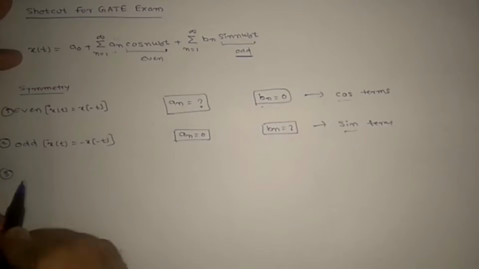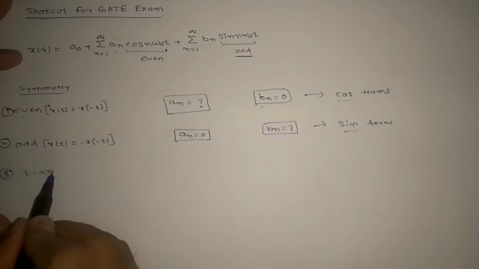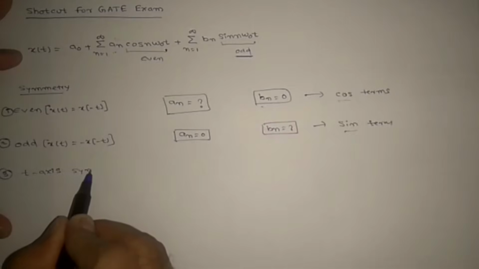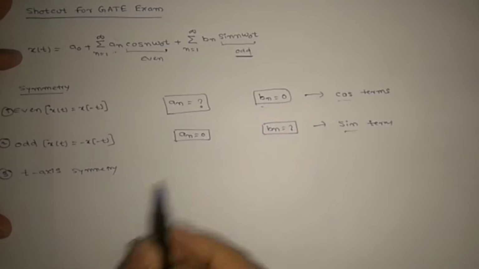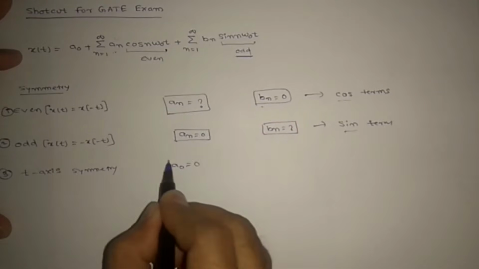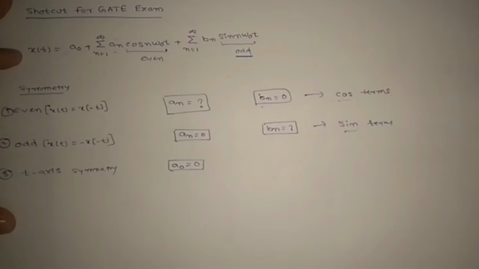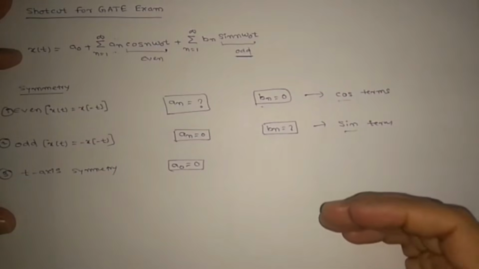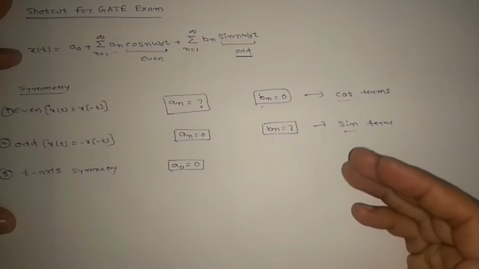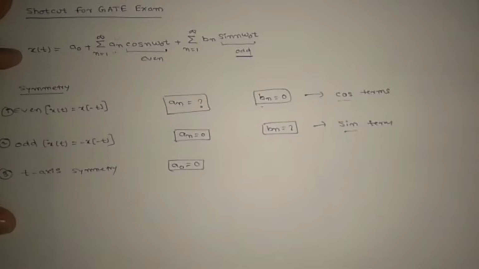And if it is t-axis symmetry, then a naught equal to 0. A naught means the average value will be 0, right? The area above the t and below the t should be the same. Then we'll get average value 0. Further, if this condition is satisfied, then you can verify half wave symmetry.